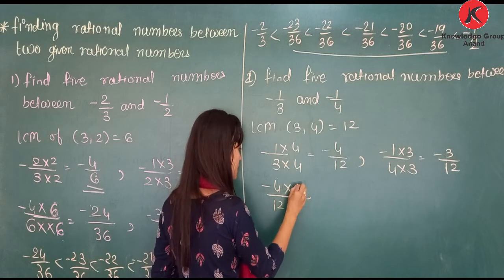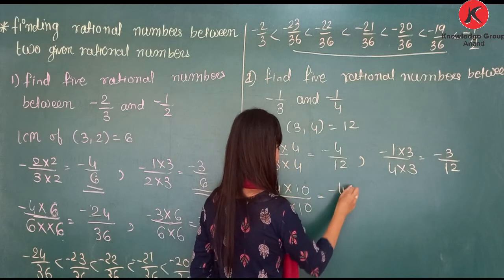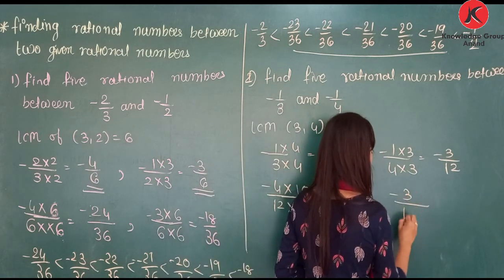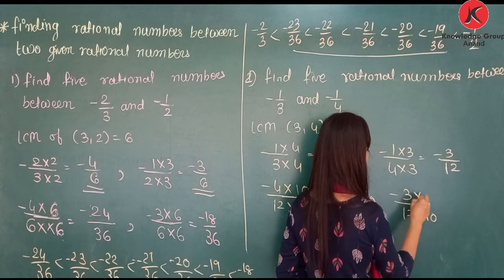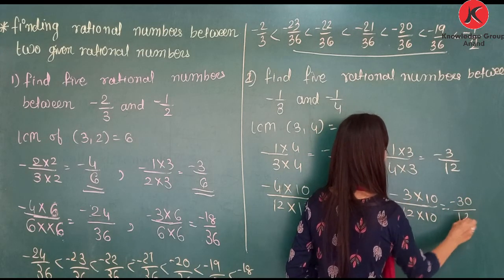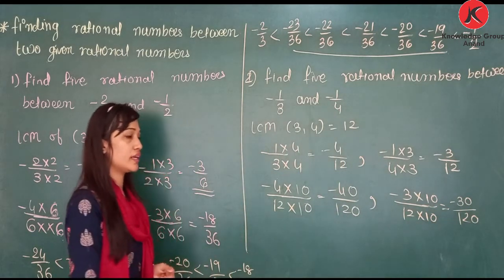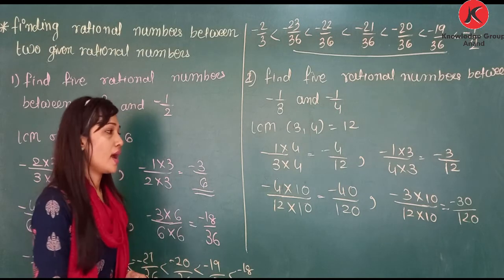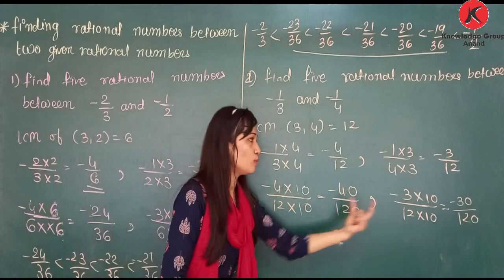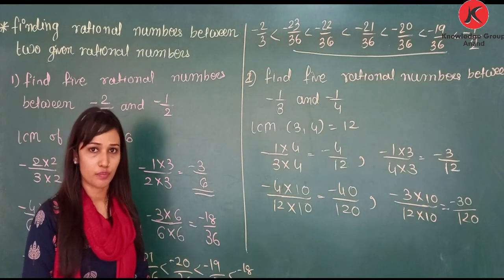Let's multiply with the same number, or you can take any number. I take 10. Minus 40 by 120. We will multiply the same number for the next one because we need the denominator the same. If we take another number for the second rational number, then we again get different denominators and again need to take the LCM. So use the same number to multiply both rational numbers after making the denominator the same.